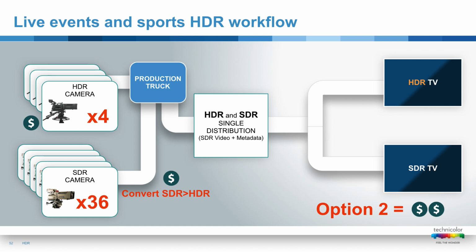So let me just buy 4 in my key locations, and the other 36, let me upconvert those to high dynamic range. As I upconvert those, I now am able to do an HDR production with my HDR infrastructure, my HDR production truck, and distribute one signal to the home. Great, I'm starting to cut down costs.